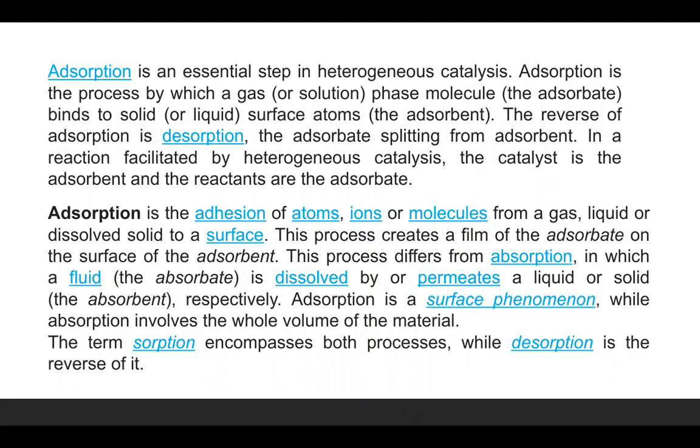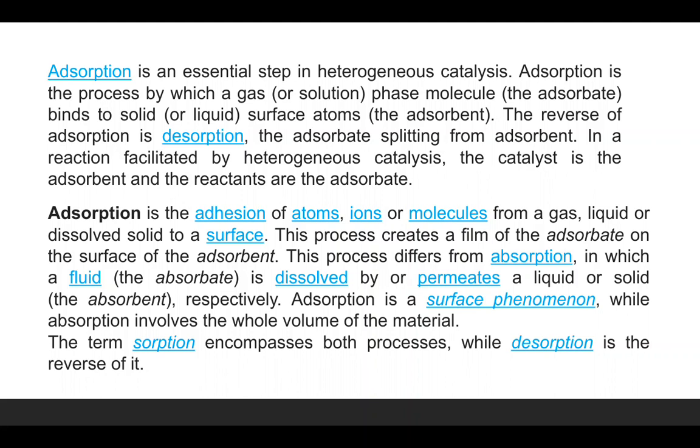This process differs from absorption, in which a fluid is dissolved by or permeates a liquid or solid, respectively. So there are two kinds: adsorption, spelled with a d, and absorption, spelled with a b. This is a similar process but in a different system.